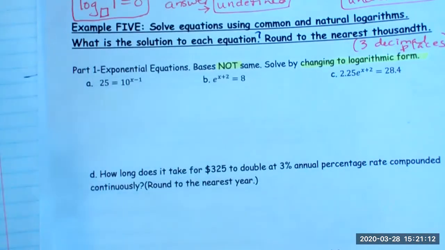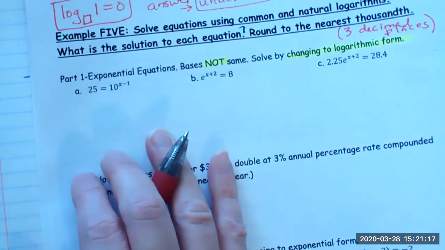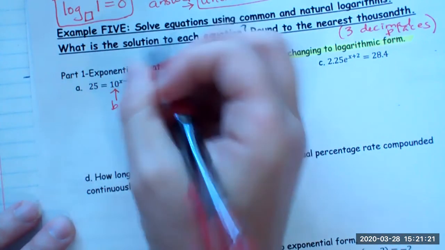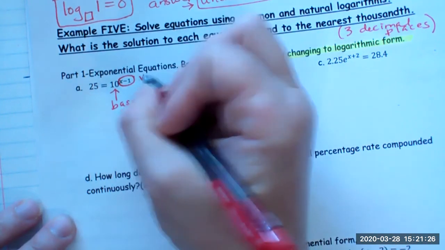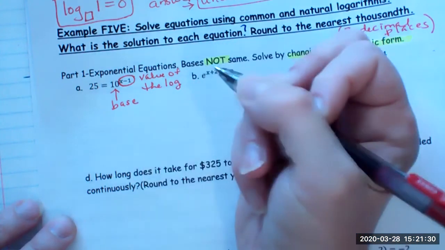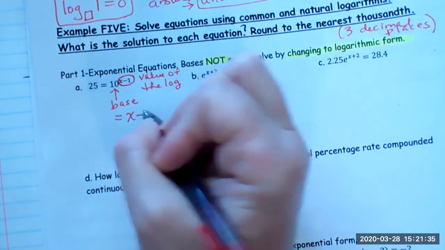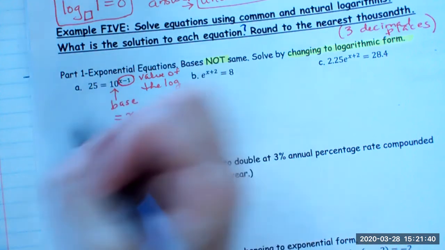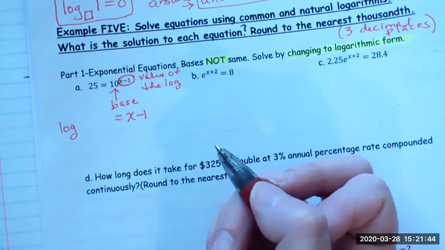When we change to logarithmic form, of course, we want to pay attention to what the base is, and we want to pay attention to the exponent, because we know that the exponent is the value of the log. So I can write x minus 1 by itself on one side of the equation, because the whole point is that I want to say the log is equal to the value of that exponent.